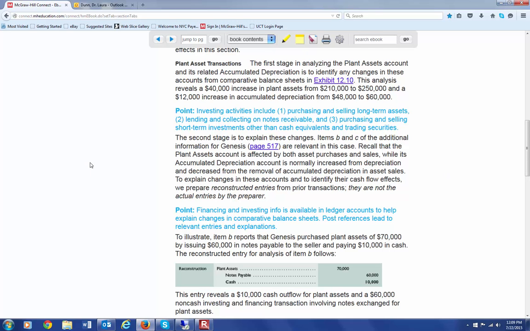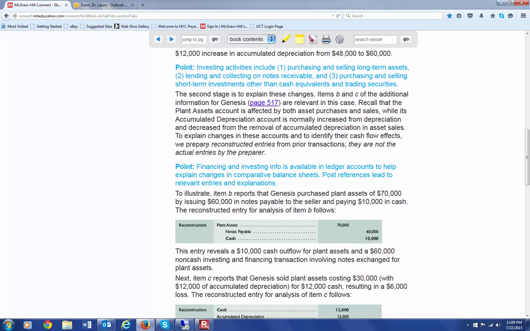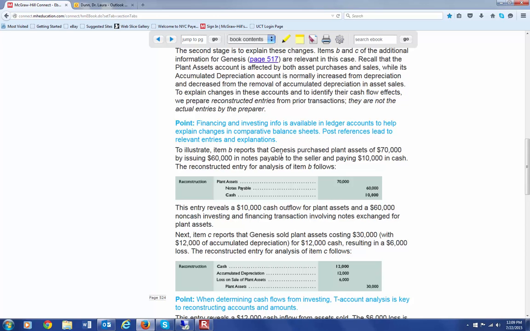Now, back in the last few pages, they showed us some information that we needed to be able to do this, and items B and C are relevant in this particular situation. So we have to do reconstructed entries from prior transactions. Item B reported that Genesis purchased plant assets of $70,000, but the way that they did it is they issued $60,000 in notes payable and they paid $10,000 in cash.